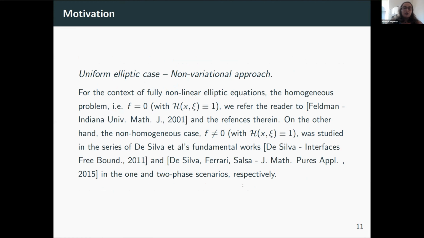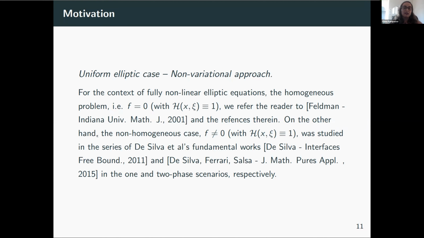In the non-variational approach, for fully nonlinear elliptic equations, when the source term is 0 and H is 1, we have the work of Feldman in 2001 and the references therein.